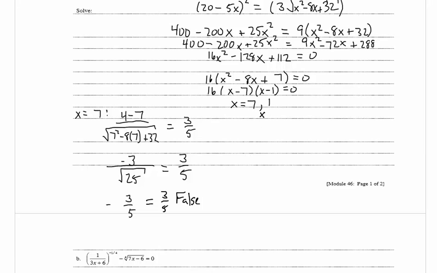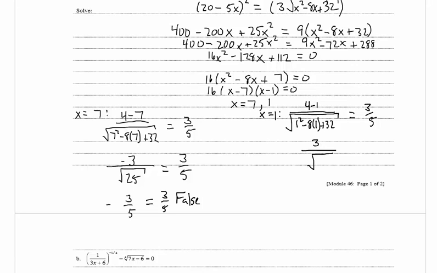And if we plug x is equal to 1 into our original equation, we'll have 4 minus 1 divided by the square root of 1 squared minus 8 times 1 plus 32 is equal to 3/5. 4 minus 1 is 3. And then we have the square root of 1 minus 8 is negative 7, plus 32.